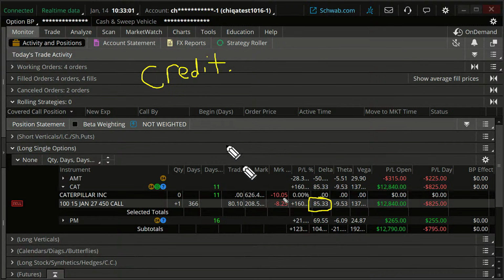Here's what I mean. Every dollar move in the underlying stock means about an $85 move in this option. So if the stock starts to go down, instead of losing $85 per dollar it goes down, if we roll to 60 delta, we'll only be losing about $60.